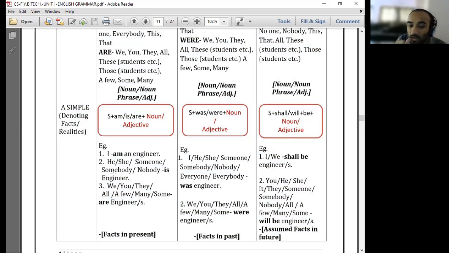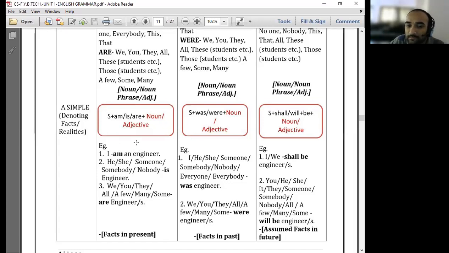Or we can use a sentence like, I am tall, or I am tallest, okay. So tall is the adjective. I am tall, मी उंच आहे. So in the present tense, we can use subject plus am or is or are plus noun or adjective.